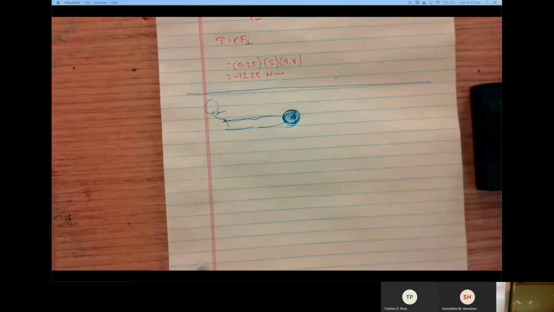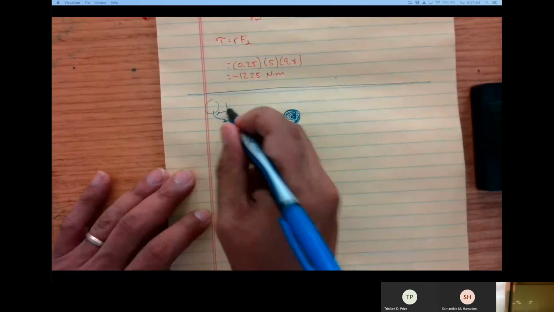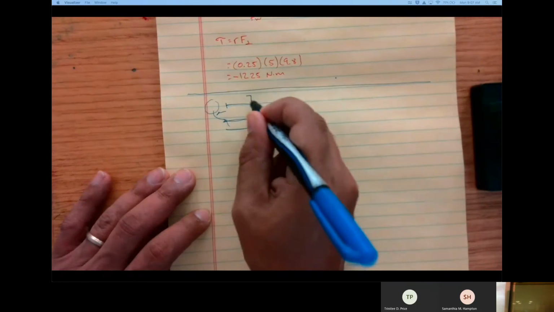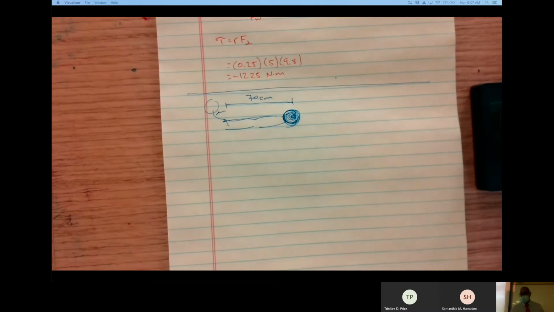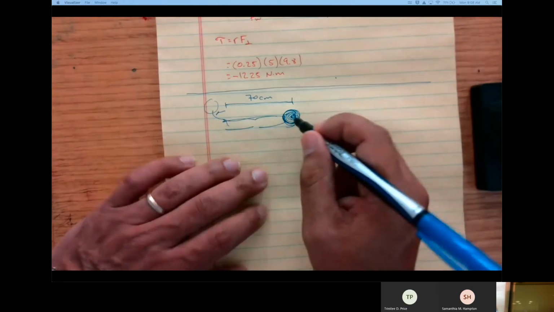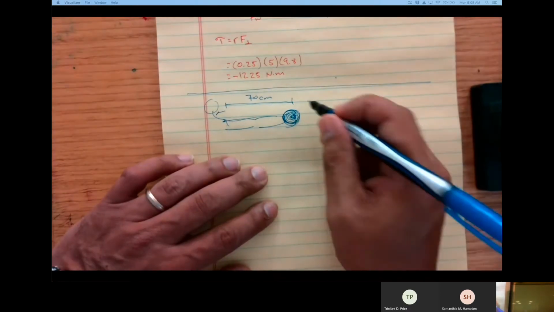The length of the arm is going to be 70 centimeters. And at the end, this person has a steel ball. This steel ball has a mass of 3 kilograms.